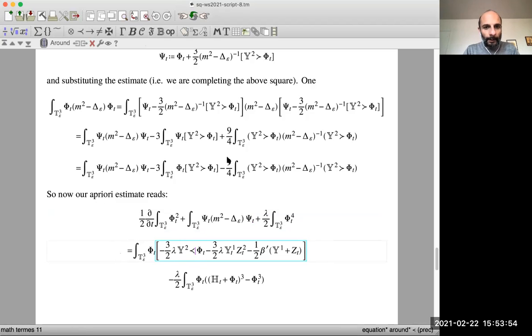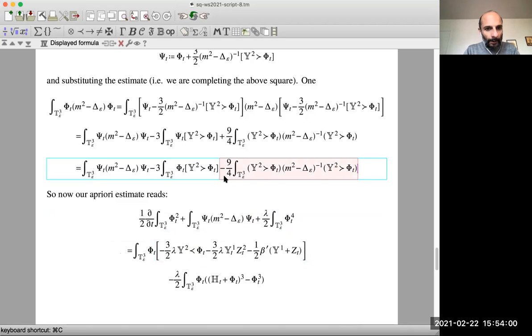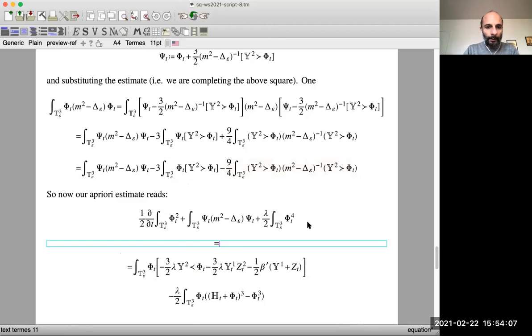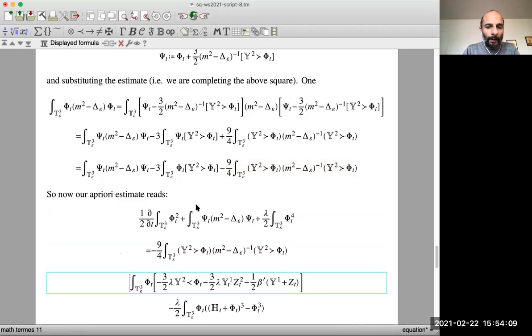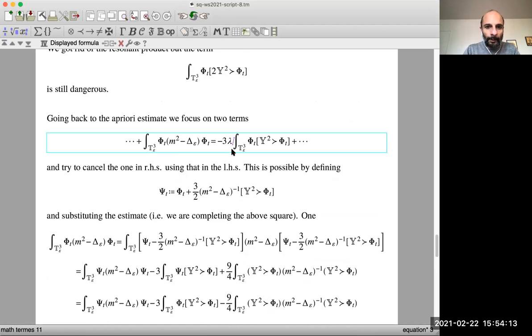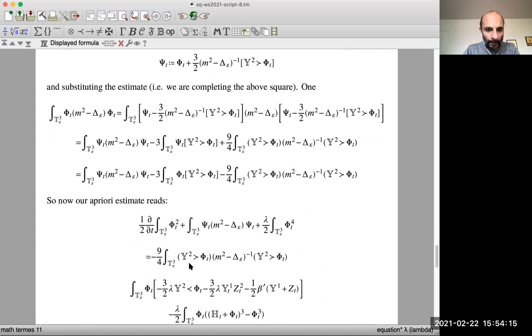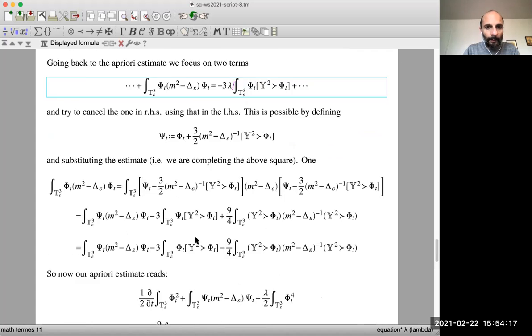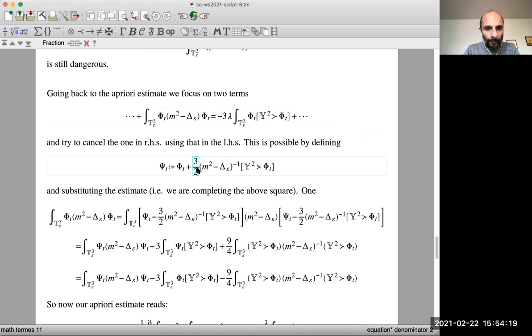So it leaves only the other product here, but of course we have to pay a price, and the price to pay is that we have to add this additional term on the right-hand side. Sorry, I forgot a lambda, because the terms on the right-hand side were coming with a lambda. You see that in the equation you have lambda. So I think here you have to add also lambda.